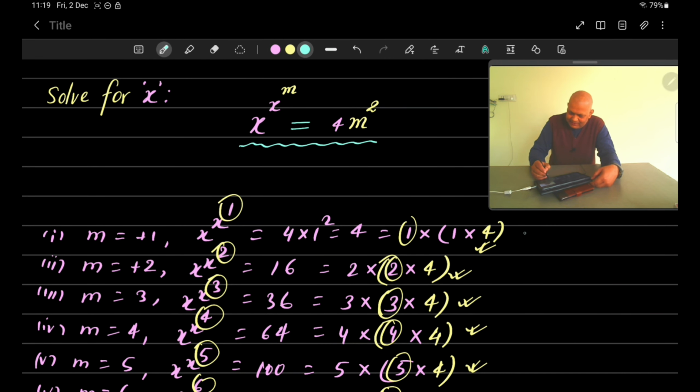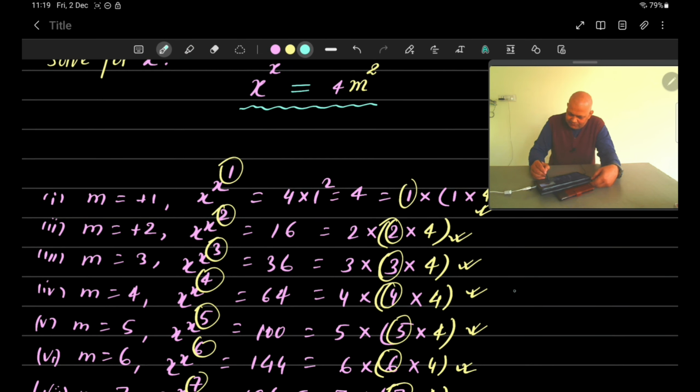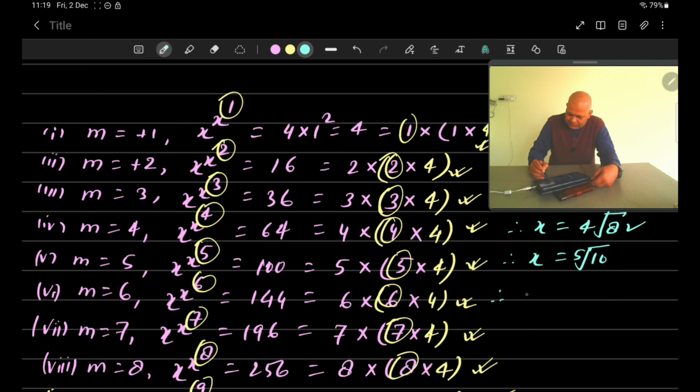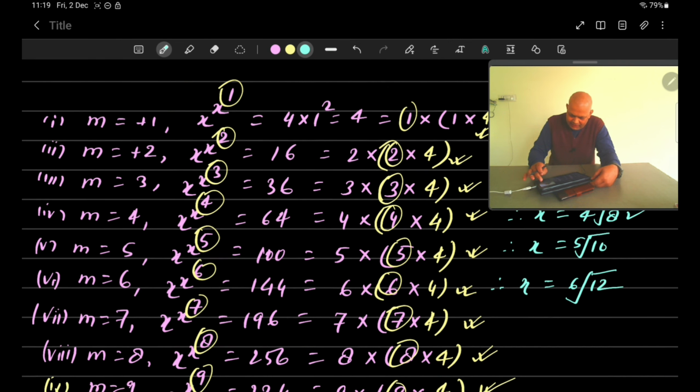Therefore, just see here, x equals what? x equals 4th root of 8. This will be the answer. If you put m equals 5, x equals fifth root of 10, okay. Now if m equals 6, x equals sixth root of 12, okay.